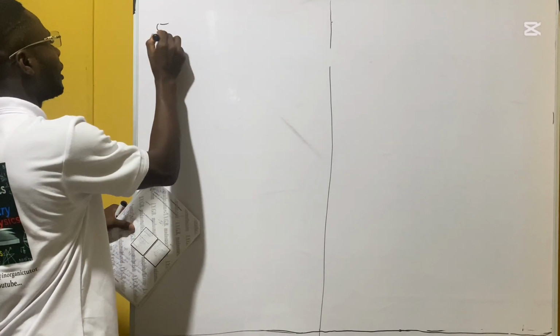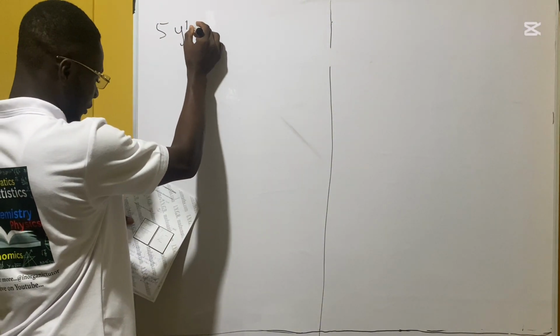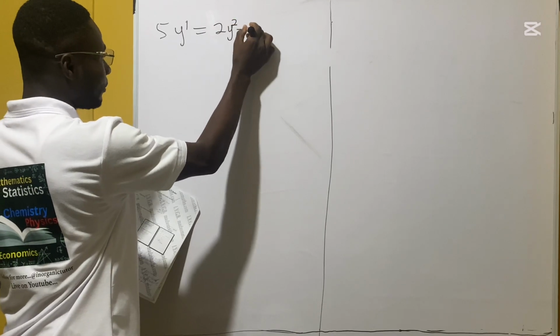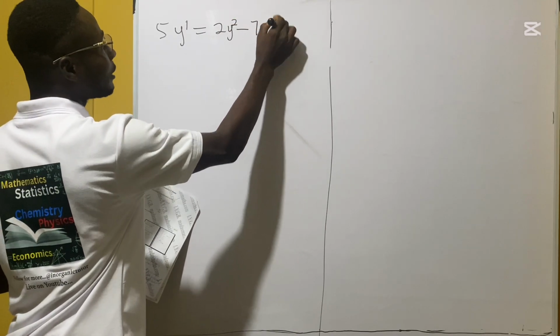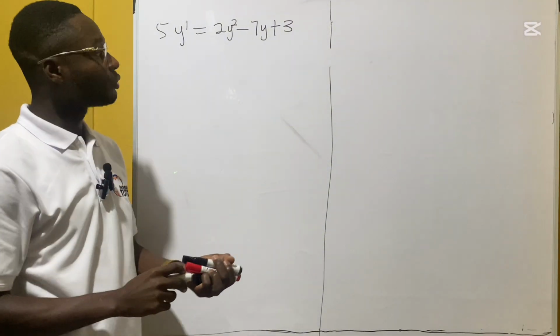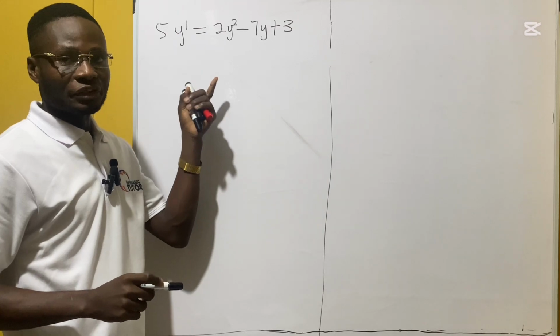We have 5y prime is equal to 2y squared minus 7y plus 3. This is what we have, and we want to solve this ordinary differential equation.